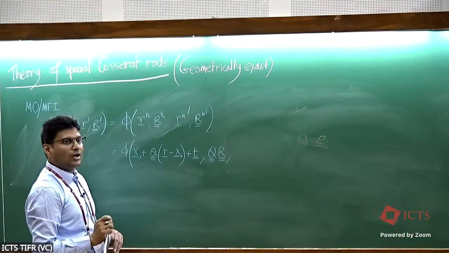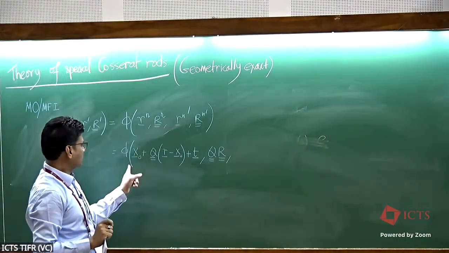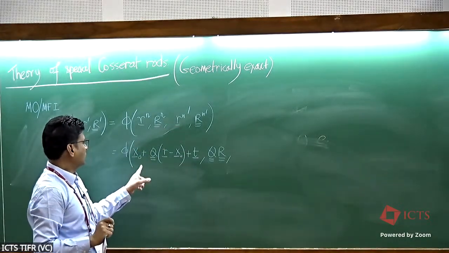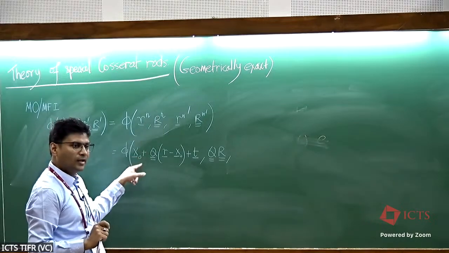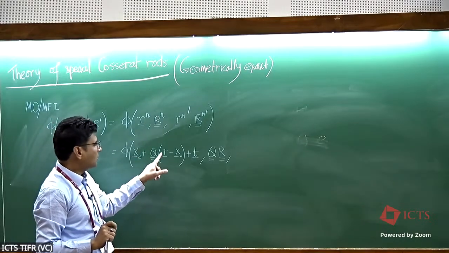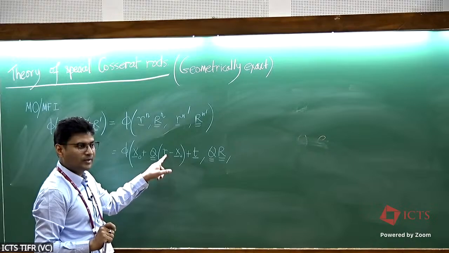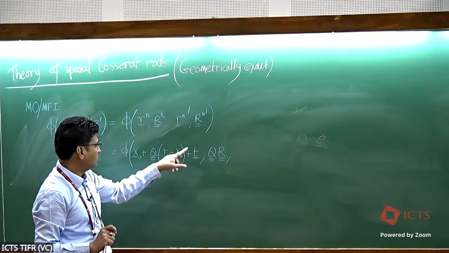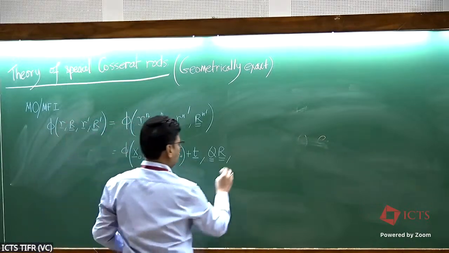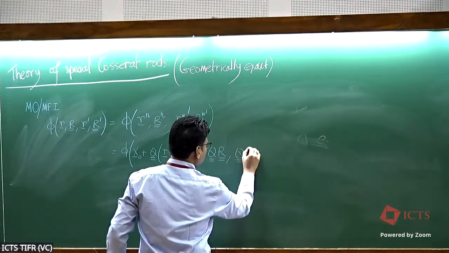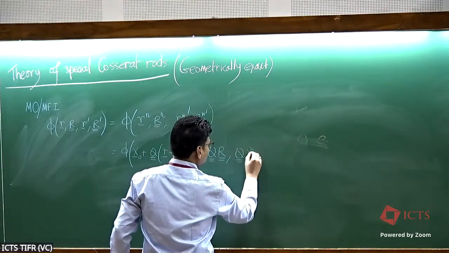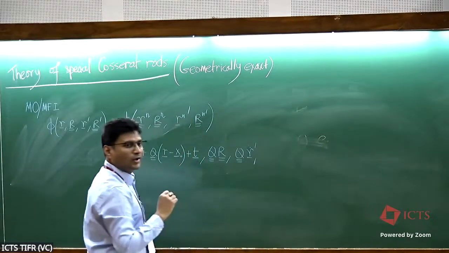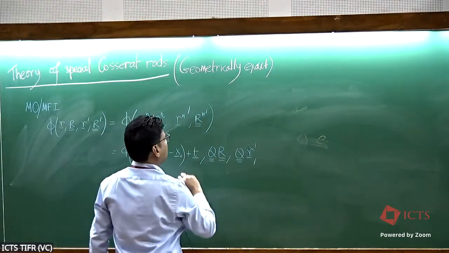What will be R new prime? This is your R new. Take the prime. Q R prime, because these are all independent of arc length. We just get Q little r prime, comma, the last one.